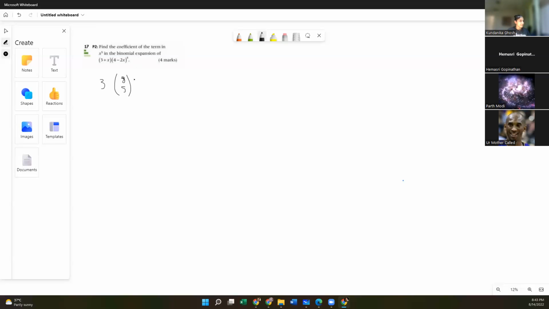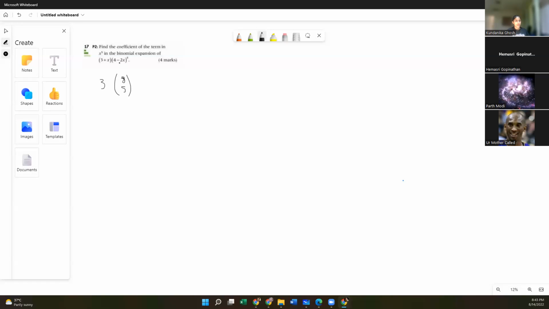Okay. So because 3 doesn't have an x next to it, we want to find x to the power of what is going to end up with a coefficient for the term of x to the power of 5. Remember when we said n choose r, for any term in a binomial expansion, you're going to have n choose r times a to the power of n minus r times b to the power of r, correct?